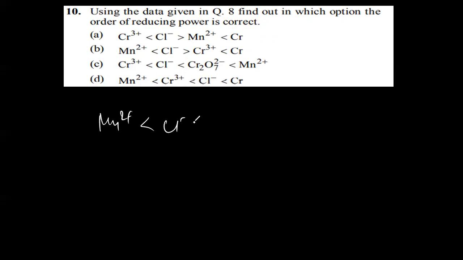And Cl minus is, okay, here they have given in the mixed order like Cl minus, then Cr3 plus, which is lesser than Cr, that is Cr minus. So option B is the correct one because on moving down in the electrochemical series, reducing power decreases as the value of electrode potential increases.